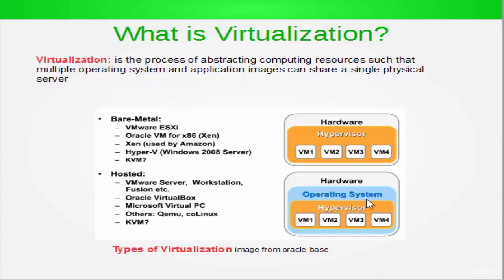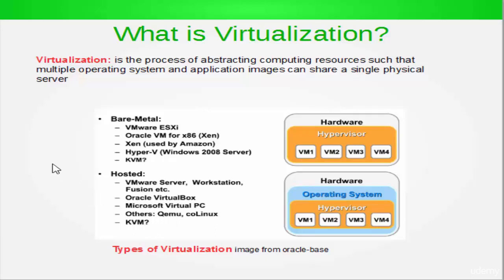And then from the hosted hypervisor I start creating virtual machines, and each virtual machine has its operating system. In here we have some examples on hosted hypervisors, like of course the VirtualBox, the Oracle VirtualBox, and you can see that there's the VMware server, the workstation, the Fusion, there's the Microsoft Virtual PC, and some others over here like the Linux and the KVM.